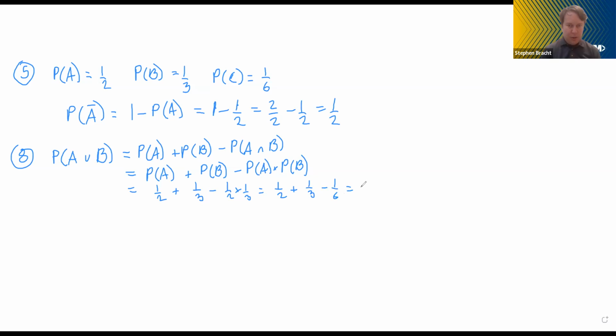Okay. And this equals 3/6 plus 2/6 minus 1/6, finding a common denominator on all the fractions. 3 plus 2 is 5, 5 minus 1 is 4, so this equals 4/6, which reduces down to 2/3. Okay, so that is the probability of the union of A and B.